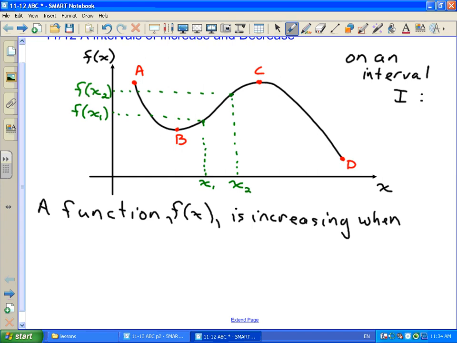It means that our function is increasing when the value of the function at x2 is greater than the function at x1 for x2 greater than x1. So as we move to larger x values, the y values increase, is basically what this is saying.